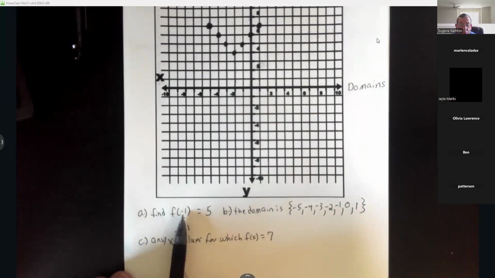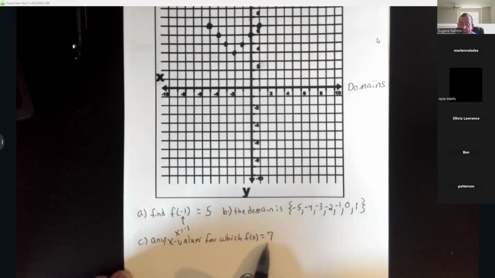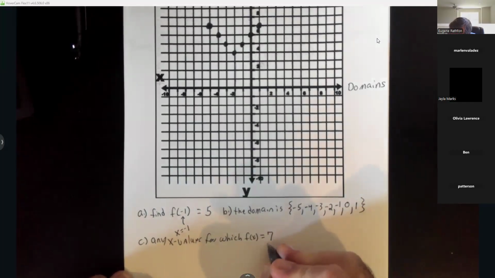So look here, it's similar to this problem. But here they gave me the x value, I found the y value. On this one, they're giving me the y value and they want me to find the x values that have a y value of 7. So remember, this here is my y equals 7, okay?